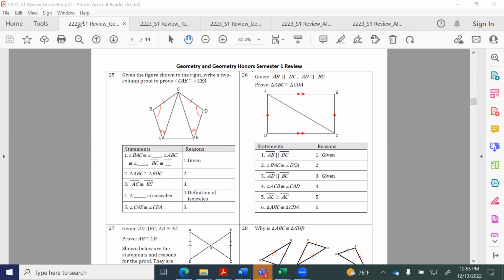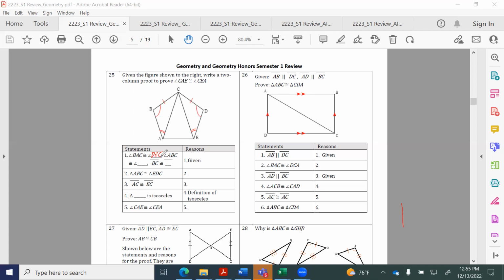All right, on 25, for this one, we're given a figure and asked to write a two column proof for these two angles being congruent. So we have some missing pieces. On this figure, they gave us a lot of information. They gave us angle EAC, this angle here, is congruent to angle DEC.